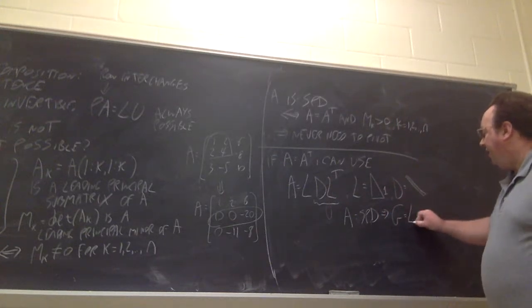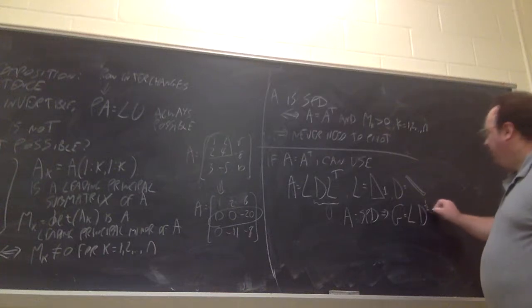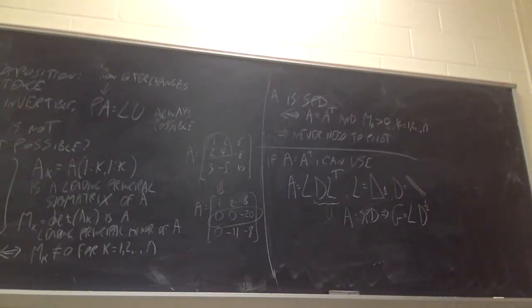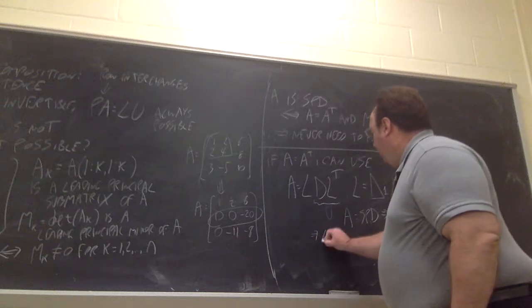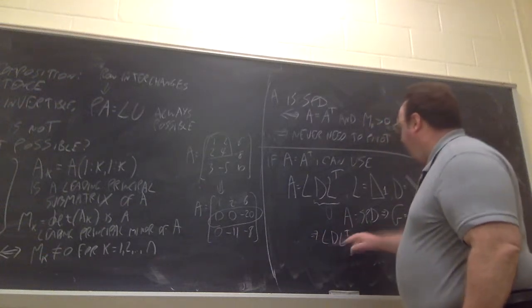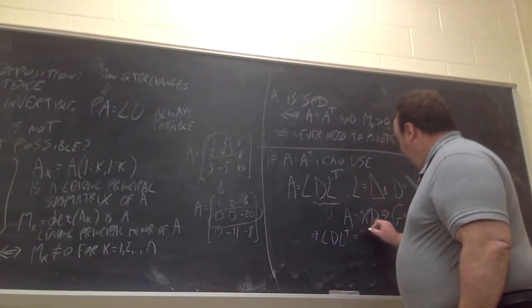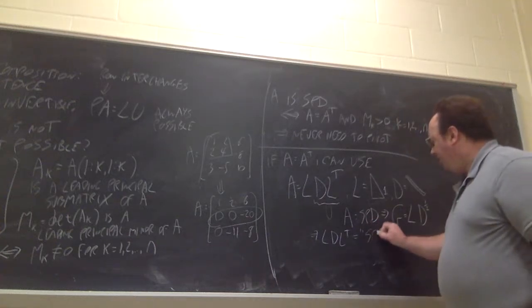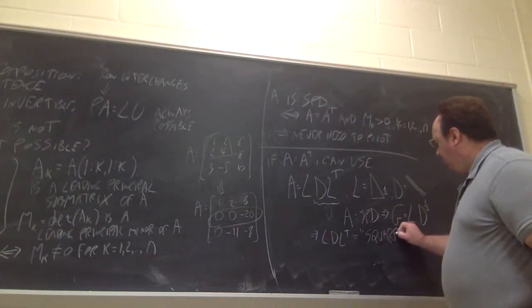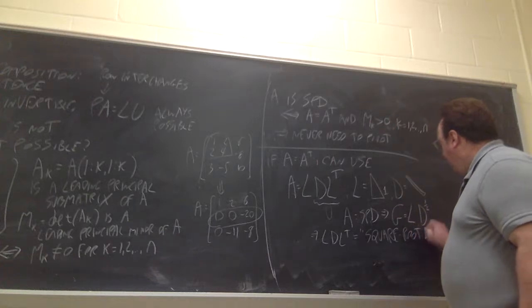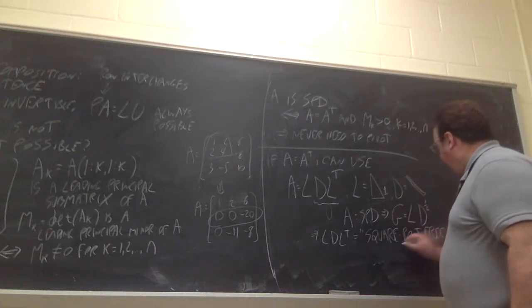G is equal to L times the square root of D, where you're just taking the square roots of the diagonal entries, which should all be positive. So for that reason, the LDLT factorization is also known as square root free Cholesky.